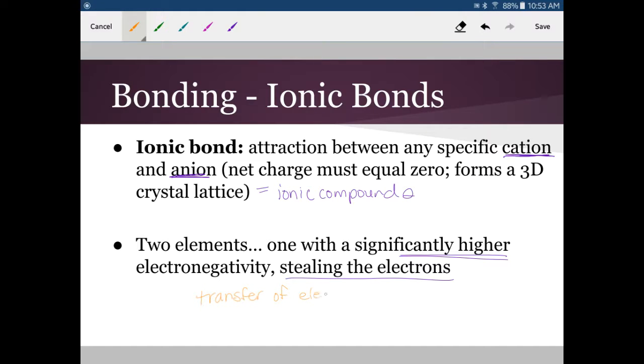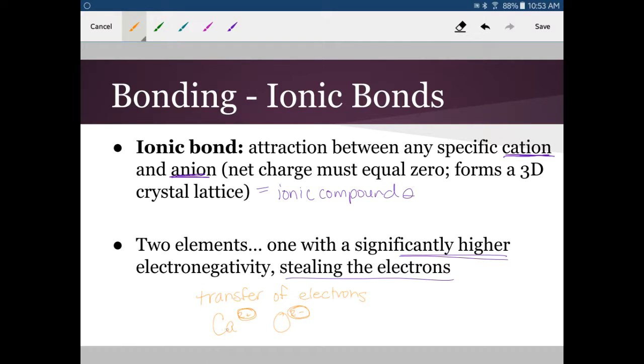Now this makes sense because when an ionic bond is formed, we result in anions and cations. So if we have something that has a positive charge, let's go with calcium 2+, that means that it lost 2 electrons. And if we have oxygen 2-, this means that we gained 2 electrons.